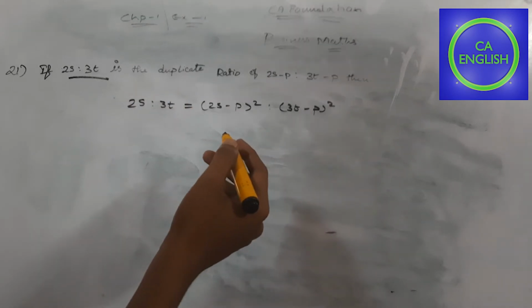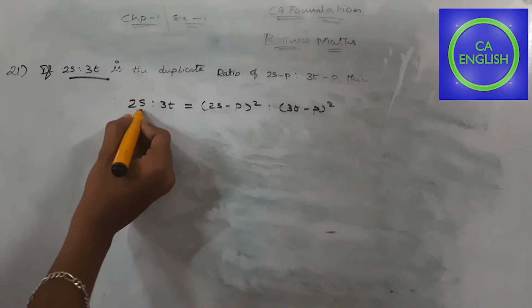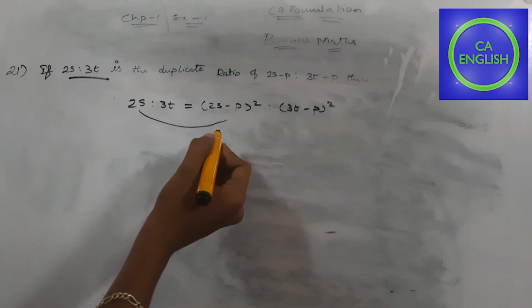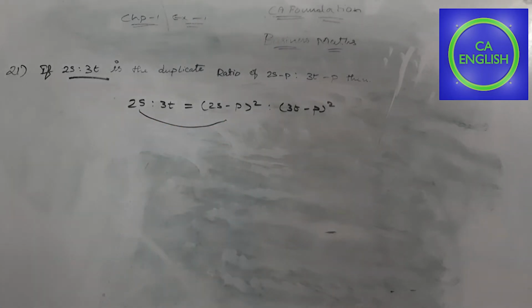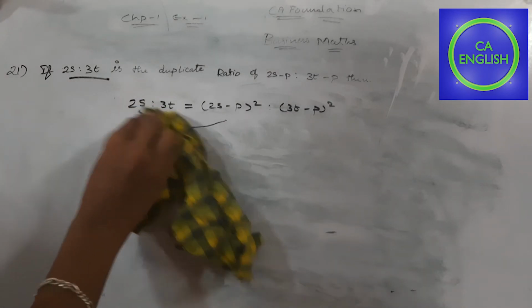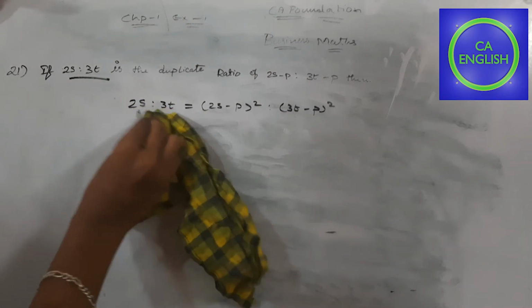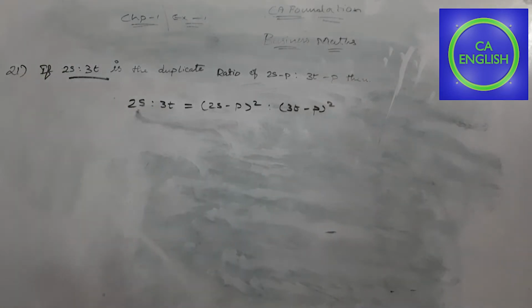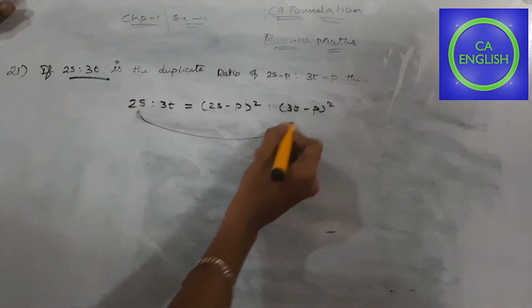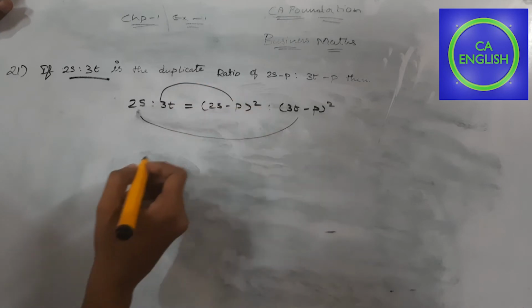multiply among themselves. Okay, first multiply 2s with, just a minute. Okay, just multiply 2s with this term and 3t with this term.